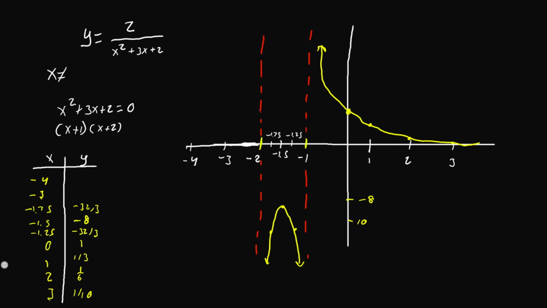Now we're going to go ahead and look at negative 3, which is 9 minus 9 plus 2. And we're going to get it is equal to 2. So we have 2 divided by 2, which is 1.